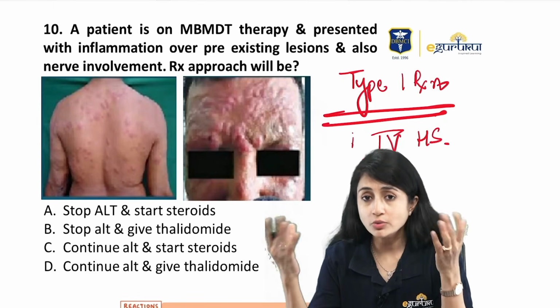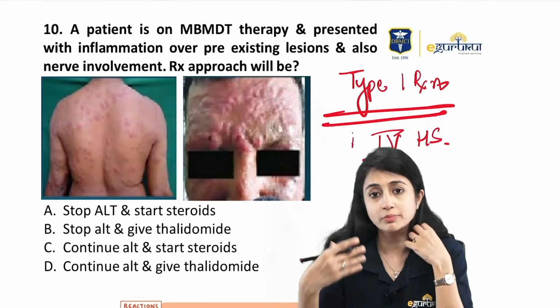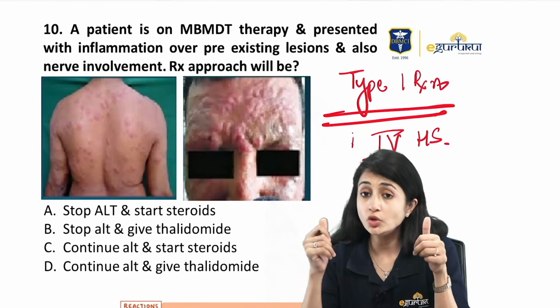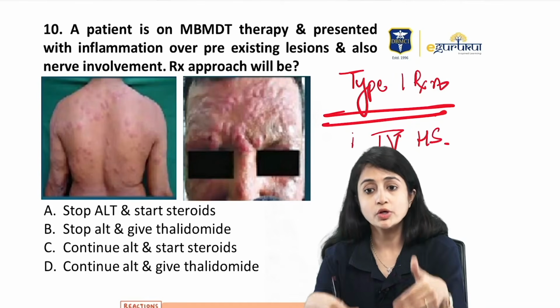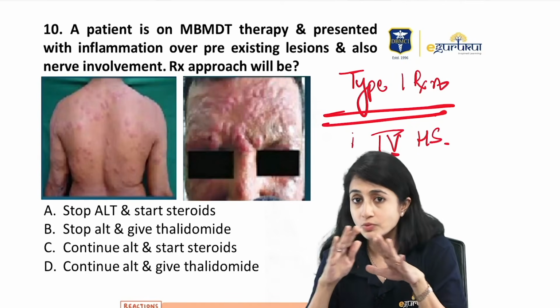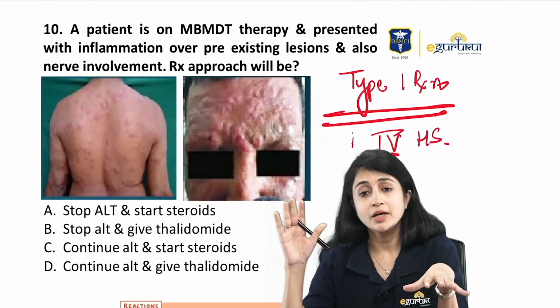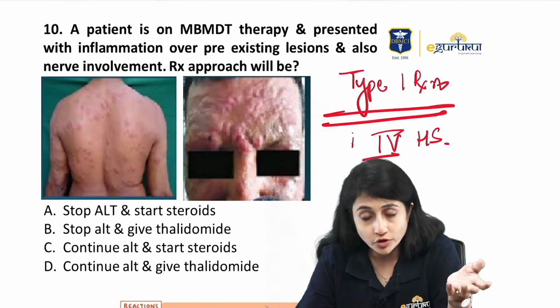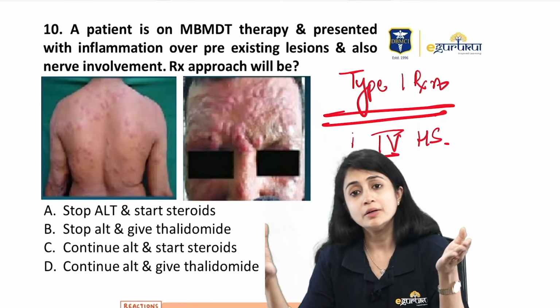To give you a hint, even if you're not able to tell whether they're talking about a type 1 or type 2 reaction, the good part is that from the options, the answer would remain the same. However, if they had talked about a type 2 reaction, they would have said crops of new lesions happening in a patient of leprosy.